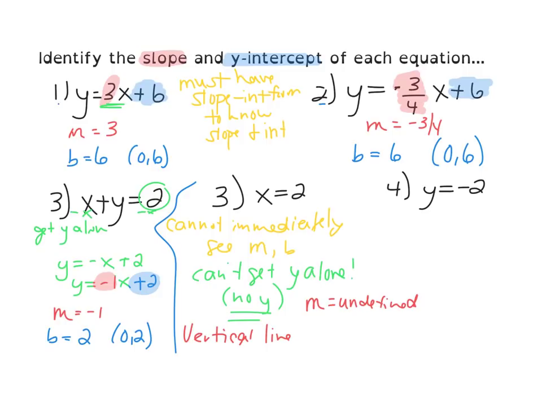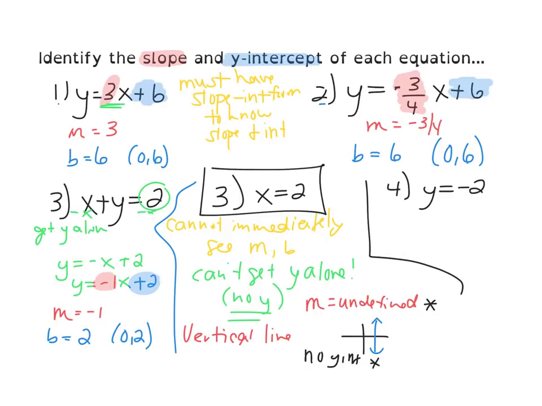Now if we think about the y-intercept of this line, if I were to draw the line x equals 2, it's a vertical line where x equals 2. So it never touches the y-axis. So our y-intercept is none. There are some equations that cannot be put into slope-intercept form, especially the vertical ones, because they don't have a slope that we can write, and they don't have a y-intercept.